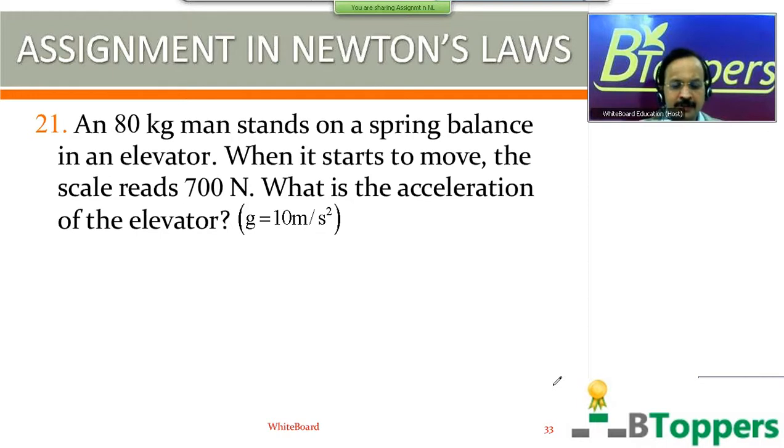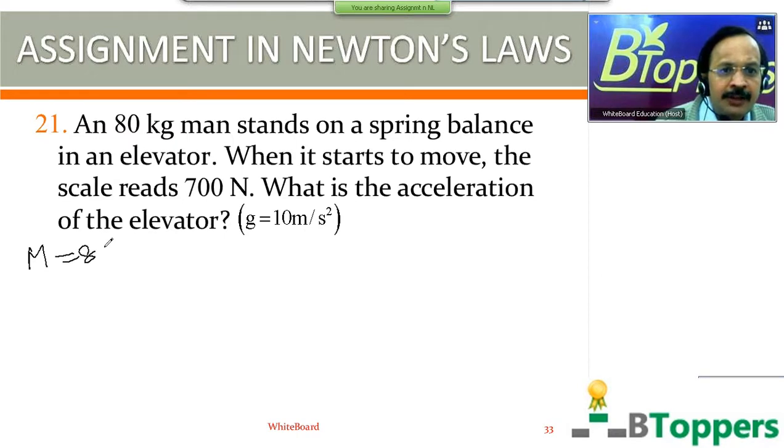An 80 kg man stands on a spring balance in an elevator and starts to move. The scale reads 700 newtons. What is the acceleration of the elevator? So the mass m of the man is 80 kg.